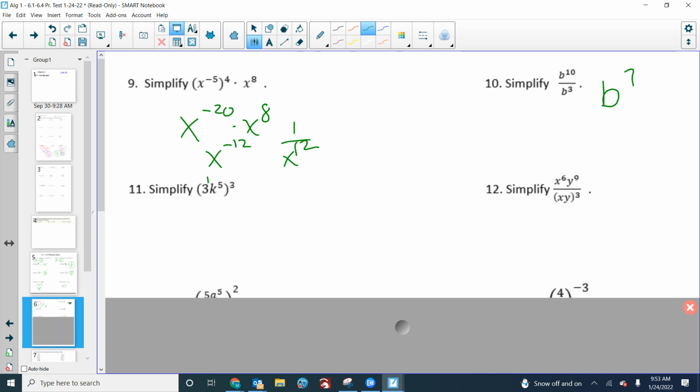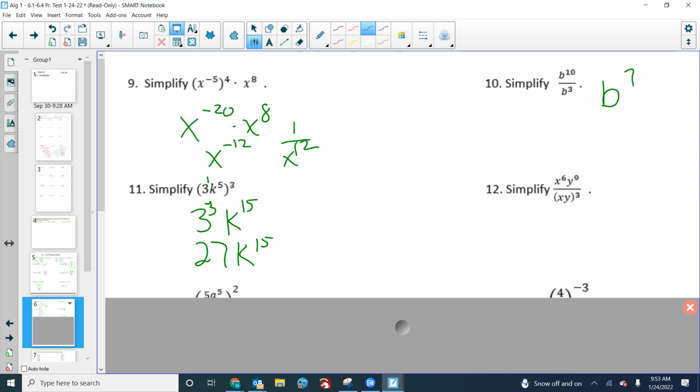Multiply. 3 to the first raised to the third is 3 to the what? 3 to the third. And then k to the what? 5th, or 15. Okay, you can't leave it like that. What's 3 cubed? Pay attention. 27. There's my answer right there.